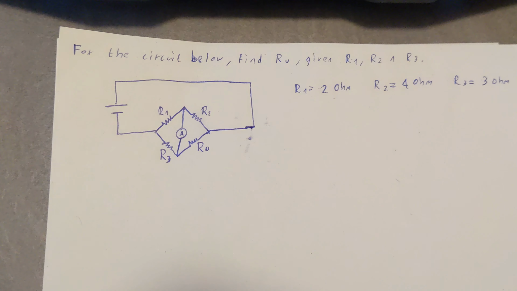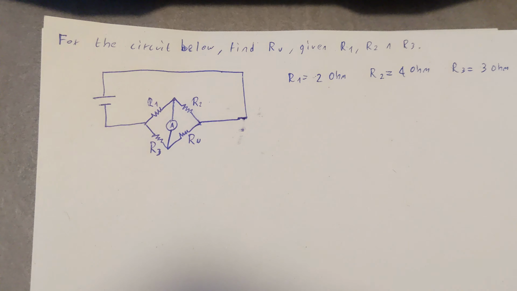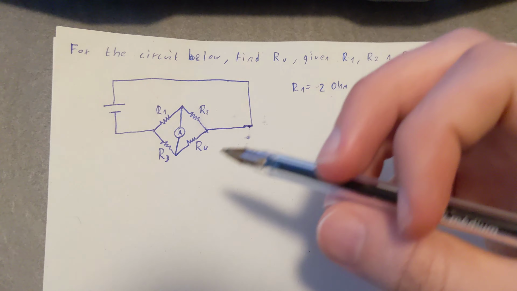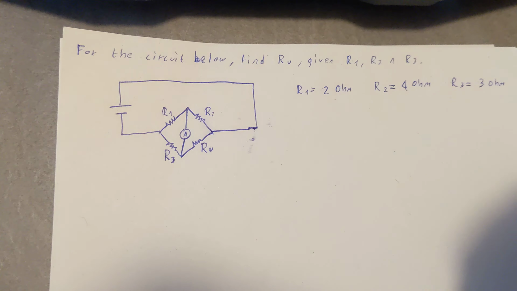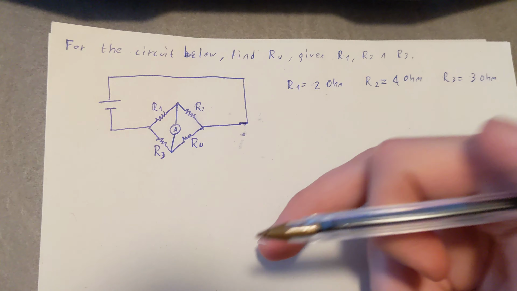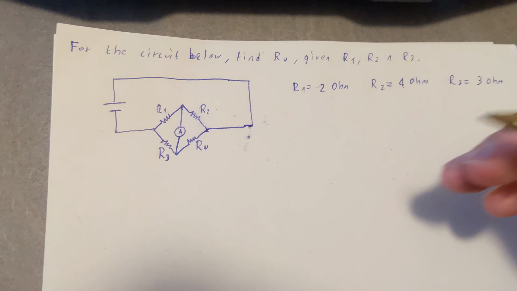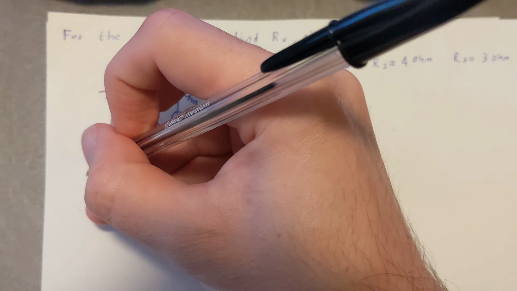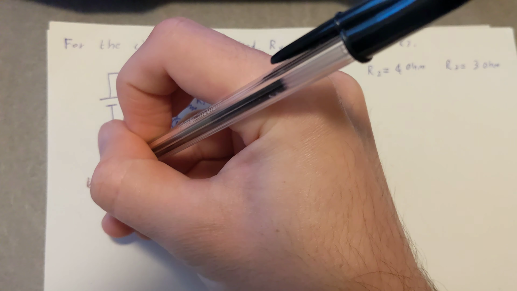First of all, I'm going to use the Kirchhoff current law. Now, the Kirchhoff current law, so KCL, basically means that the current entering a node at any junction is equal to the current leaving that junction. So let me just write it.